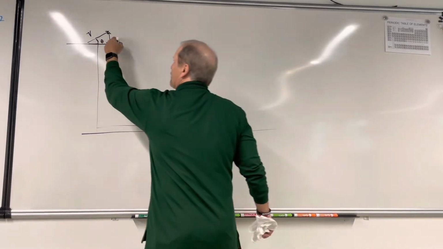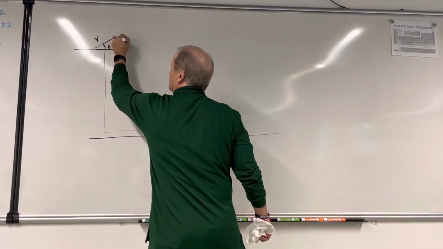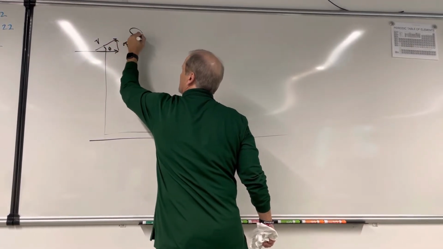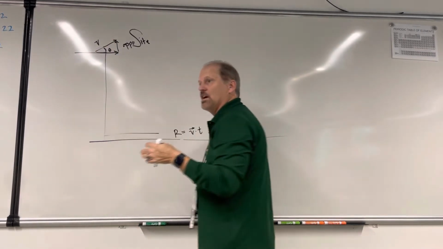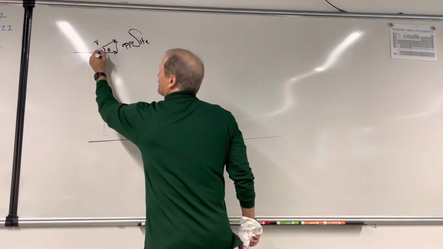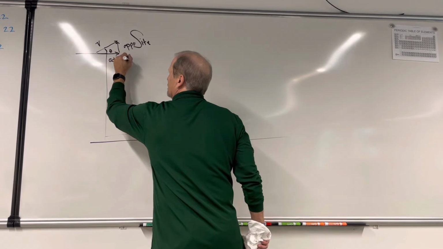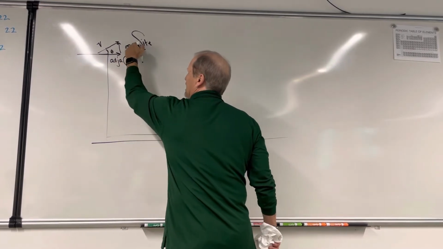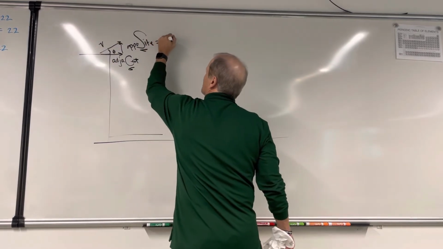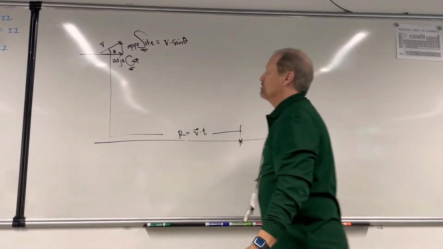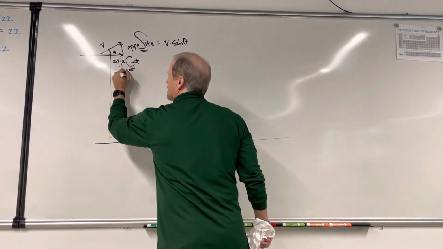Now, the vertical v initial is the opposite side of the right triangle that makes up our two component vectors. The horizontal is the adjacent side. Sine and cosine: opposite is equal to v times sine theta. Adjacent is equal to v times cosine theta.